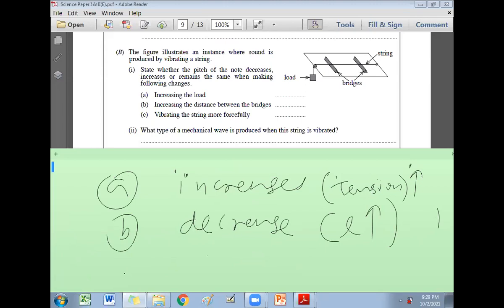Then C. What is the answer for C? Vibrating the string more forcefully. This is a tricky question. Who can tell me the answer for part C? When vibrating the string more forcefully, what will happen?